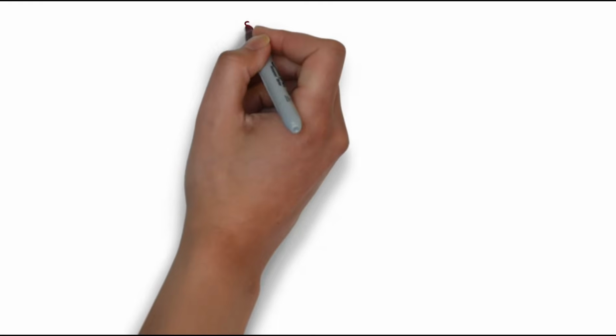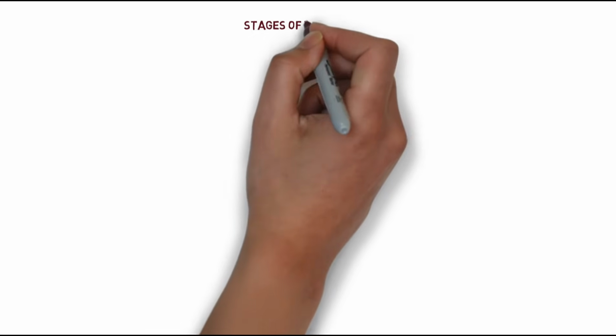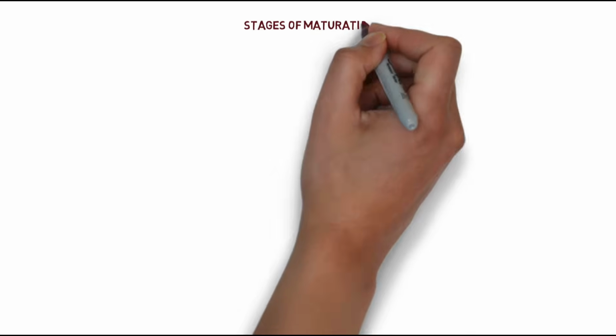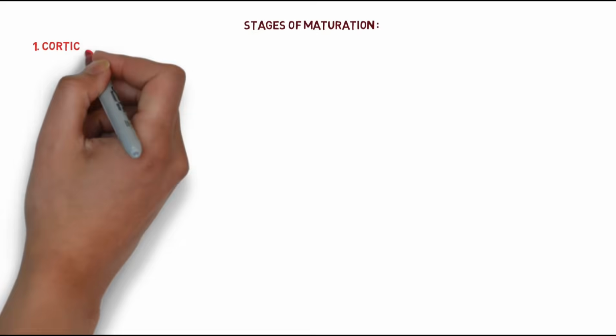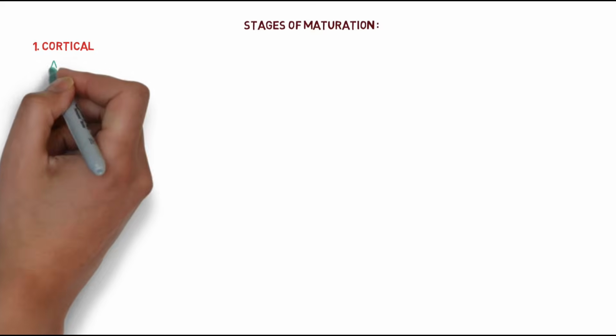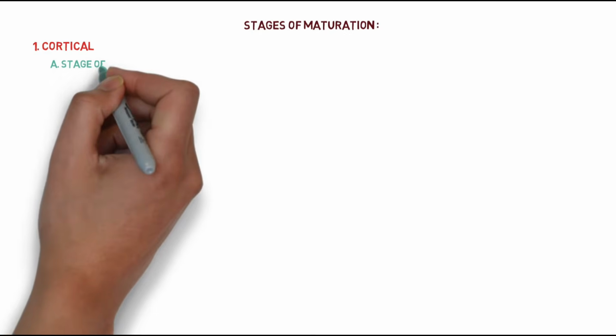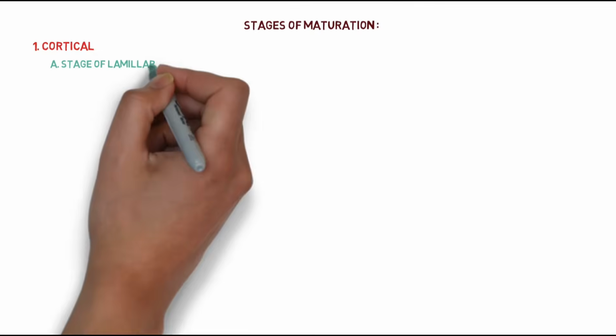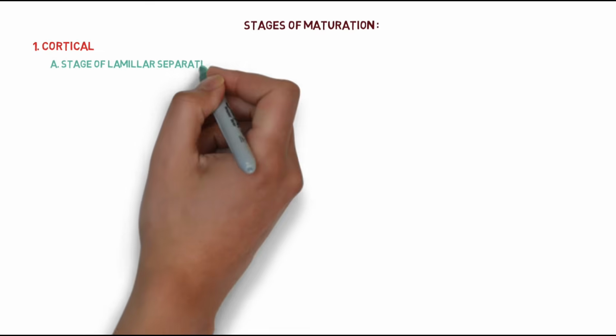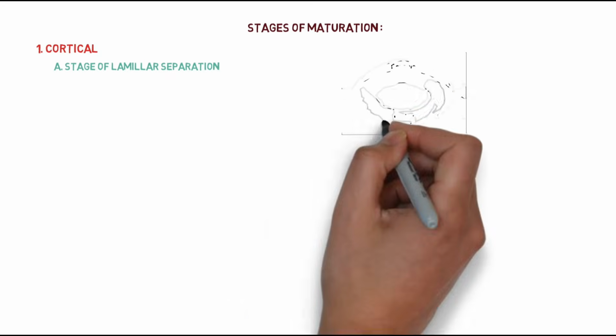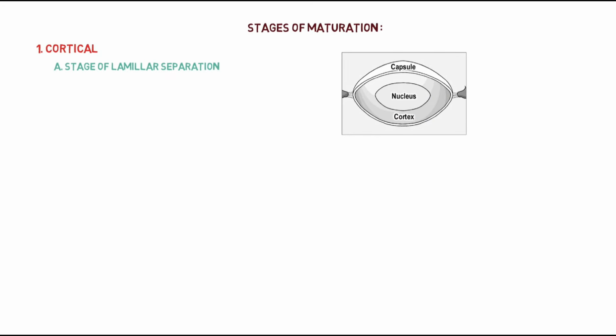Now, stages of maturation of both cortical and nuclear cataract. First we are going to discuss the maturation of cortical cataract. There are different stages of maturation. The first stage is the stage of lamellar separation. Look at the diagram: this is the nucleus, this is the cortex and this is the capsule.